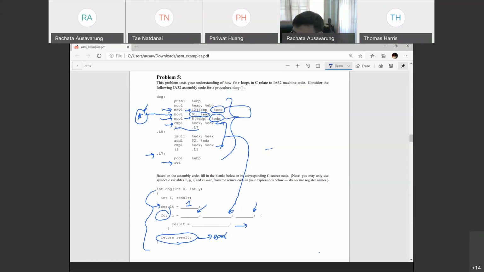It has to do with these two lines, and also the assumption of IA32, the 32-bit assembly, that when you call a function, the input to the function would be stored where? It would be stored because it gets pushed onto the stack.